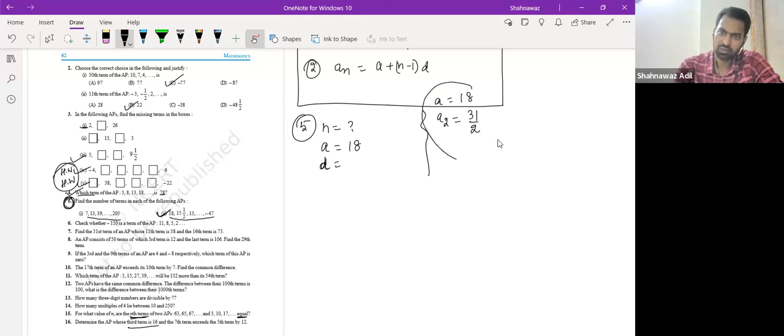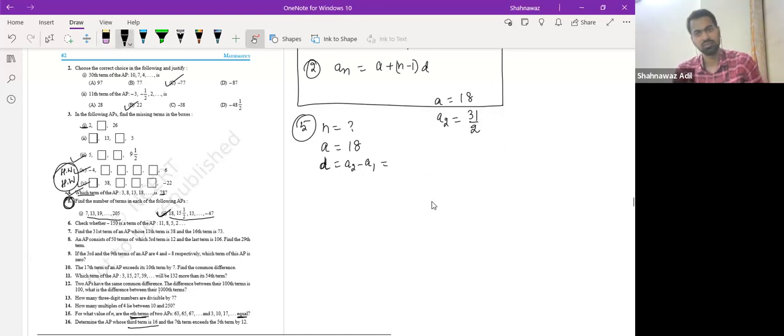So then you can calculate the common difference, right? The common difference is A2 minus A1. Amira, why would that be 30? No, sir, 1, 3, 13.